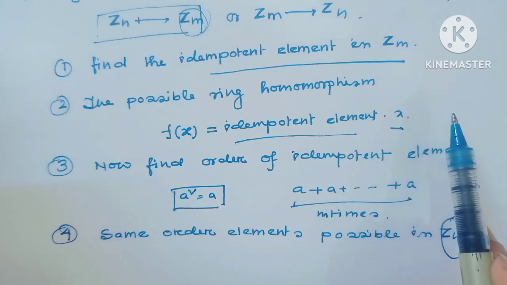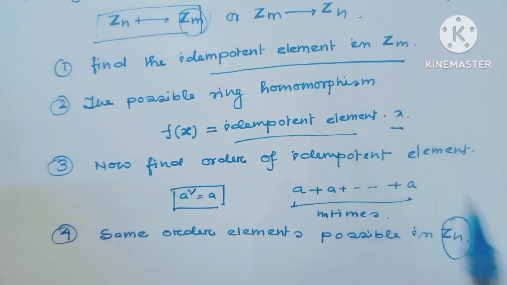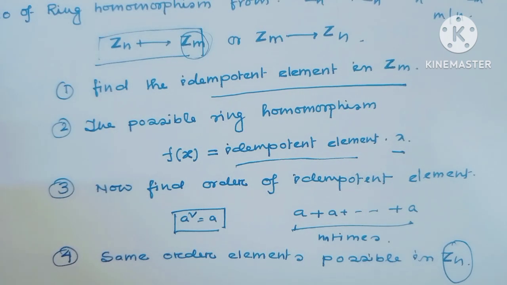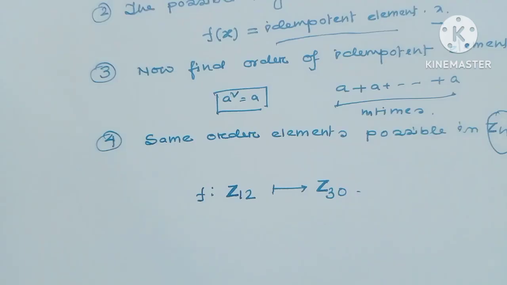Let's see one example where m does not divide n. How would the ring homomorphism be? Consider a ring homomorphism f from Z12 to Z30. How many ring homomorphisms exist from Z12 to Z30?